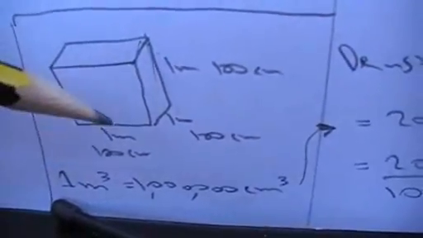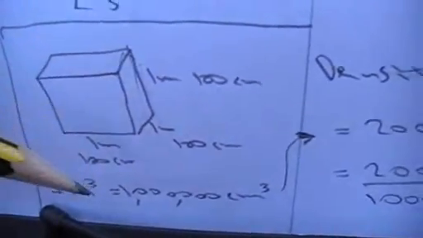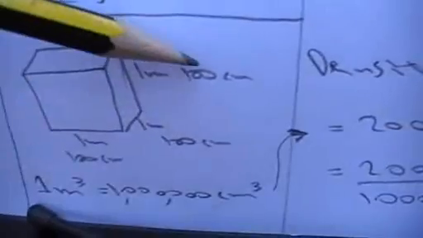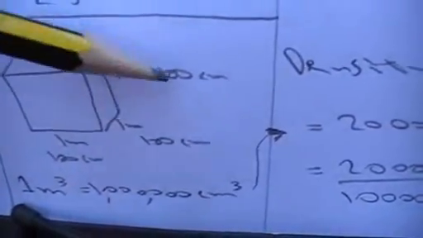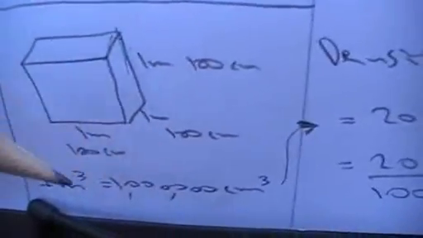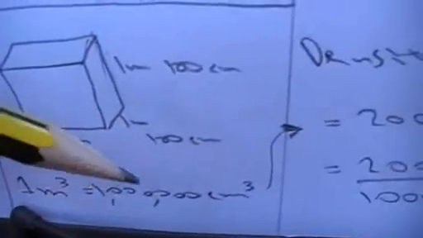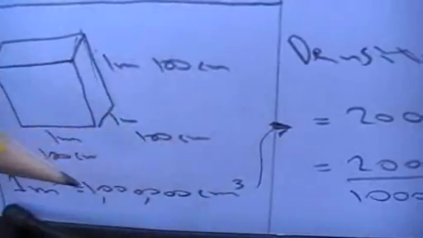So 1 metre cubed is 1 times 1 times 1, 1. And 100 times 100 times 100 is a million, actually, isn't it? 6 zeros. Okay, so 1 metre cubed holds 1,000,000 little cubic centimetres.